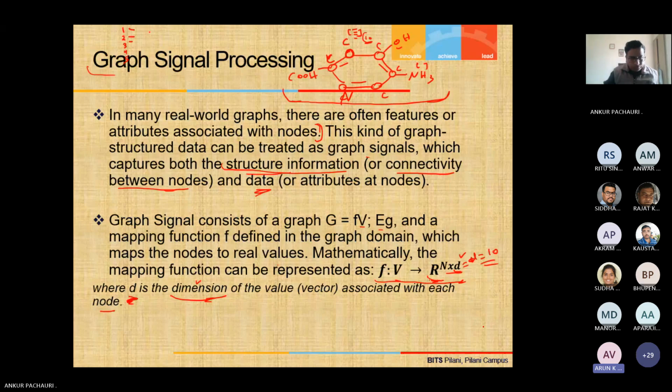D is the dimension for each node, right? Below it is written D is the dimension associated with each node. I think that total dimension should be uniform across all the nodes. But I'm not sure exactly whether they can be different.